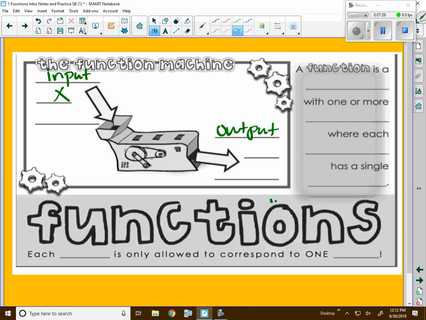Y. What is the last word that could describe input for X? It is above on your paper. Not variable. Domain. Yeah, and then range is Y. Good.